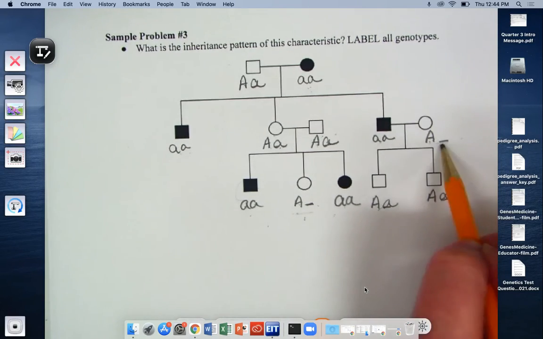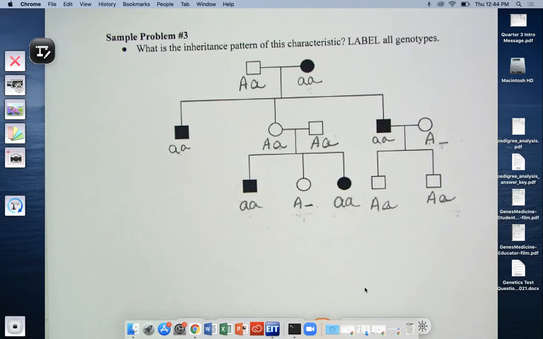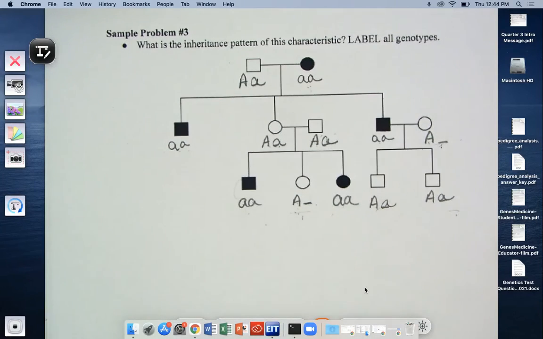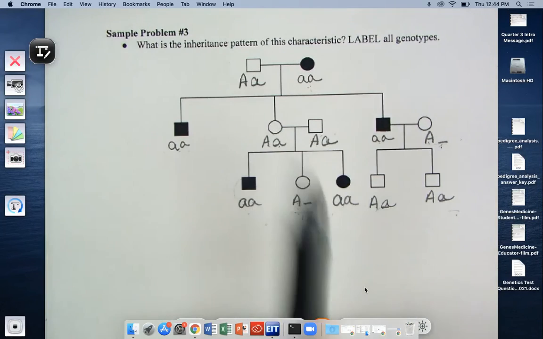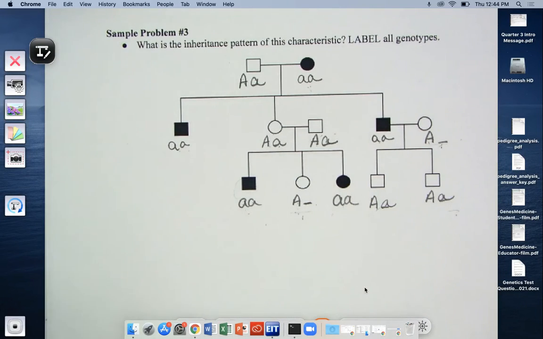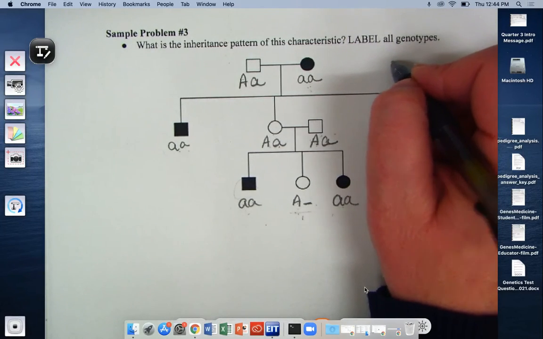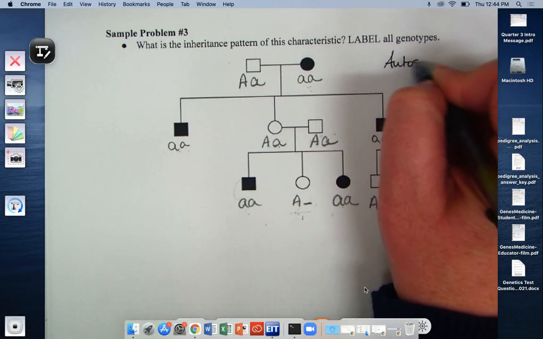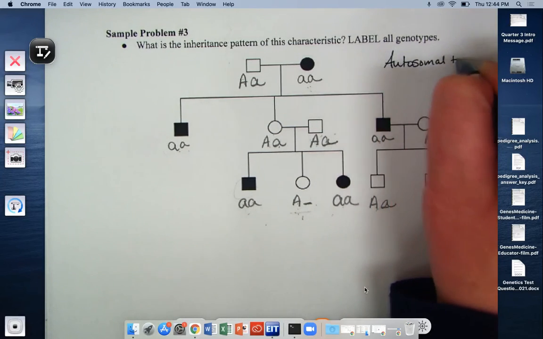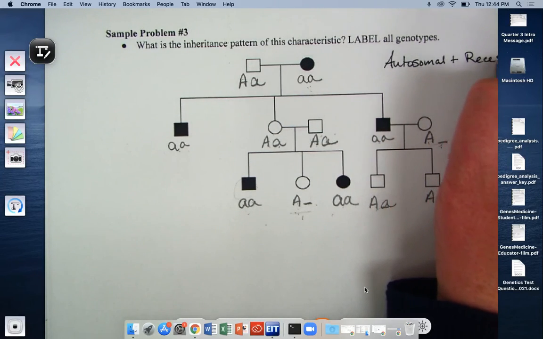So we don't know that one and we don't know that one. So we have two, don't know. Now we've completed it. It does match. It does make sense. I don't have a child that I can't explain genetically this way. So this inheritance pattern is autosomal and recessive.